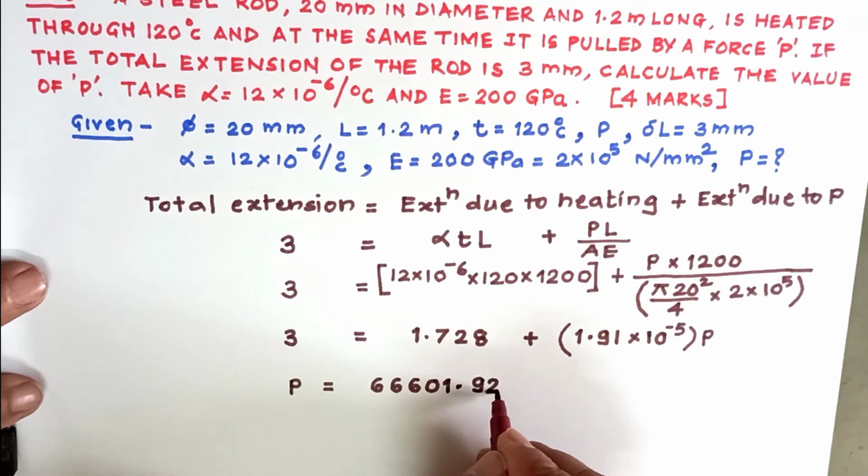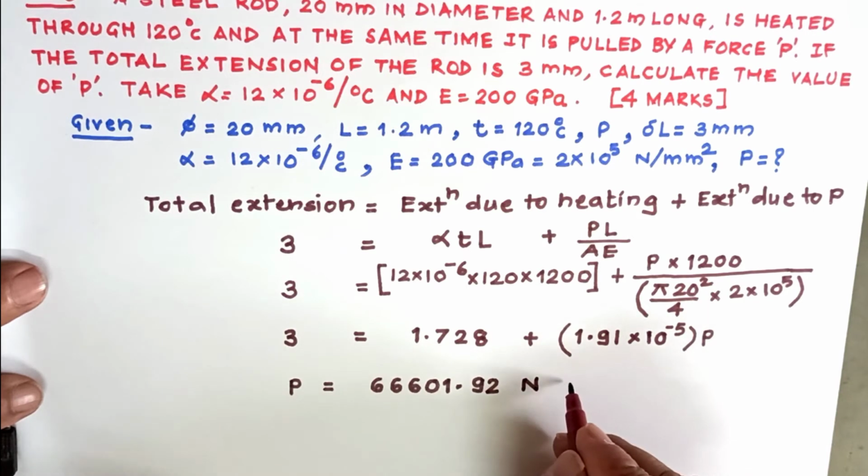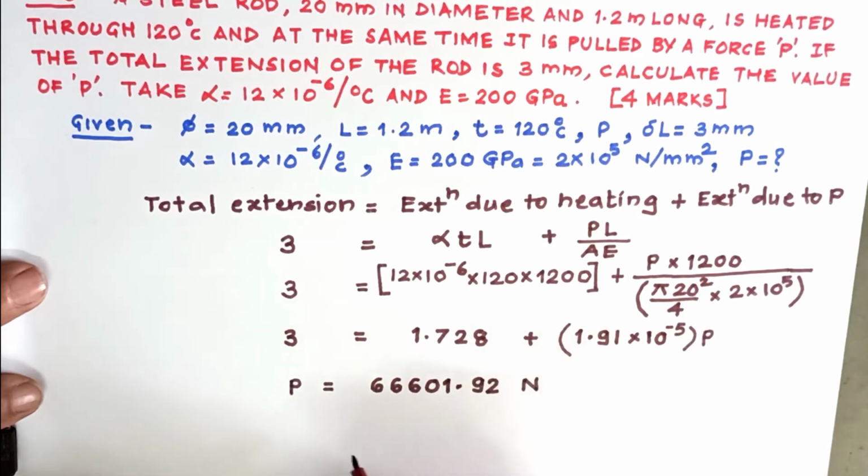It is the force, it is in Newton. If you divide this value by 1000, you will get the answer of P as 66.6 kilonewton.